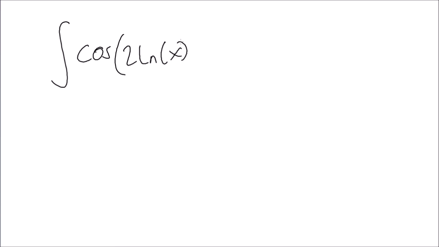So that's why I still do u sub anyways, just to sort of check. It's just safe. That is cosine 2 ln of x. That's all this is. It's just cosine of 2 ln of x.